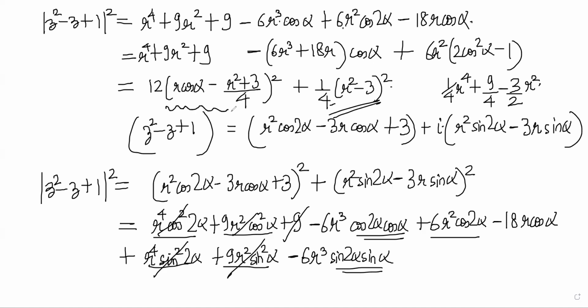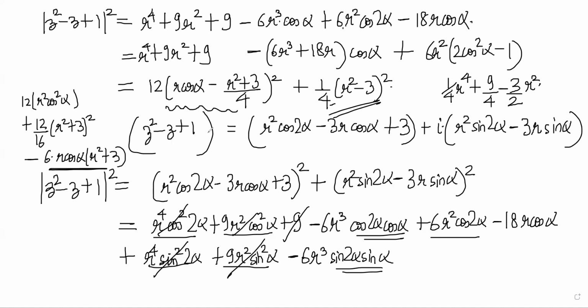And from the first term, what would I get? 12 times r square cos square alpha plus 12 by 16 r square plus 3 whole square. 12 by 16 is actually equal to 3 by 4, right? R square plus 3 whole square minus 2 into 12, so 6 times r cos alpha into r square plus 3, right?